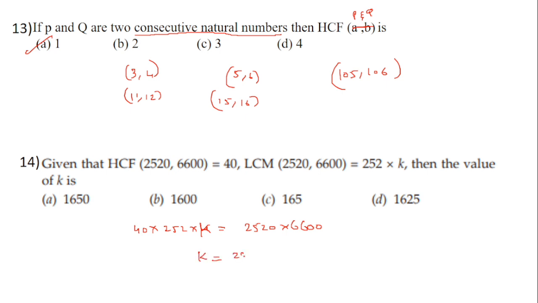So K will be 2520 into 6600 upon 40 into 252. In 2520, 252 goes 10 times. 10 times 4 is 40, so I am left with 6600 upon 4. It is 1650. Option A.